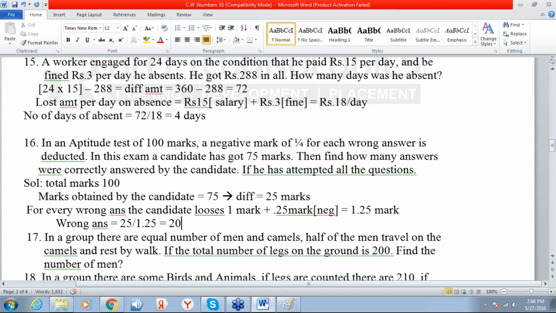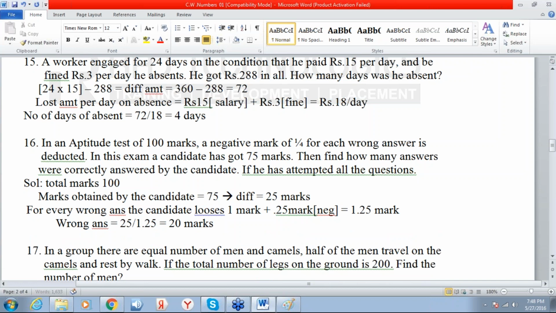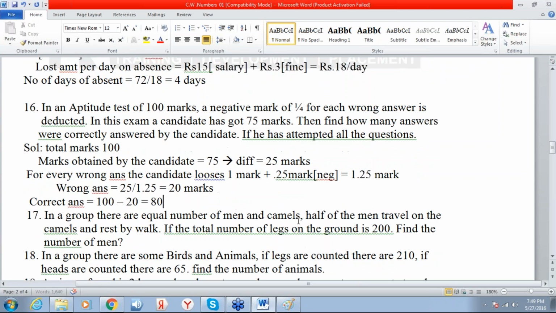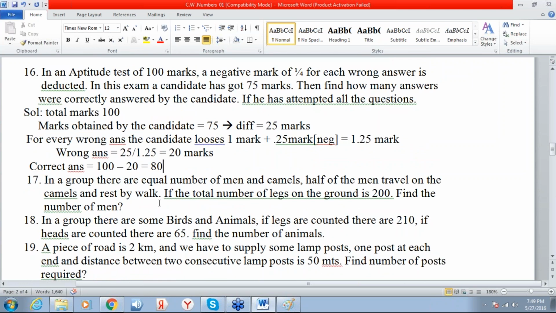He has marked 20 wrong answers. So correct answers are 100 minus 20, which is equal to 80. 80 answers.